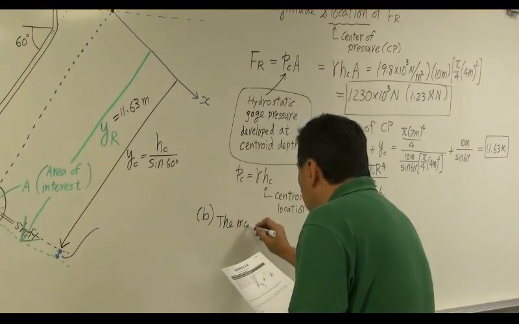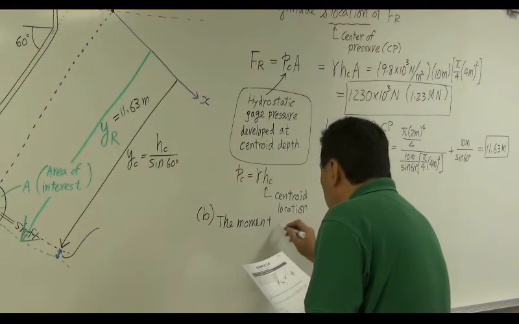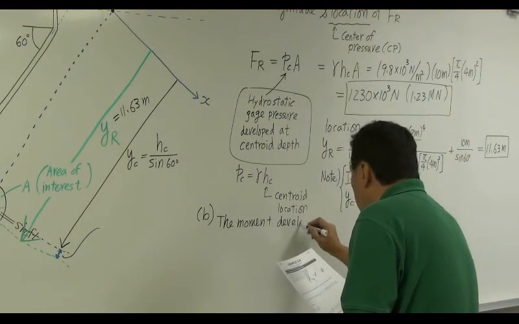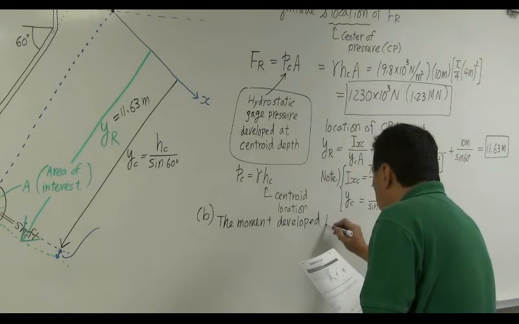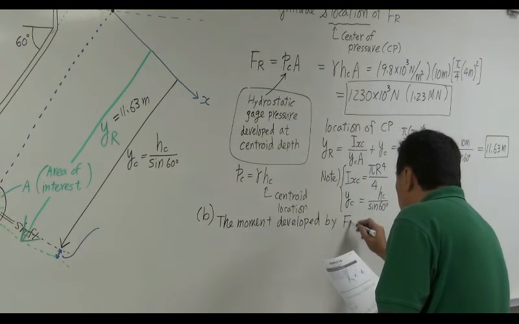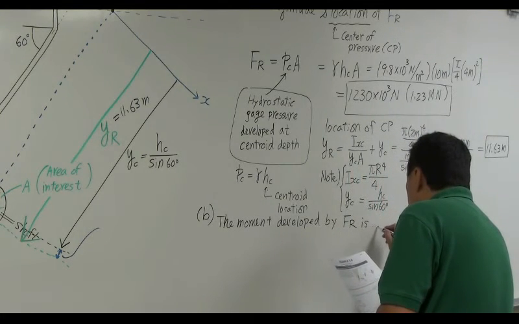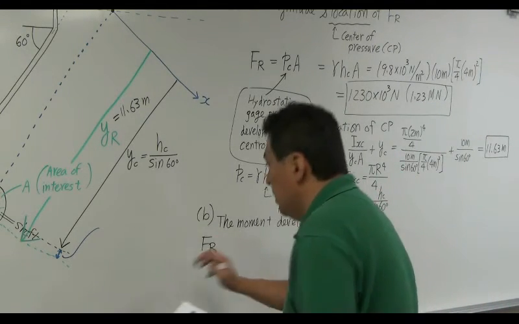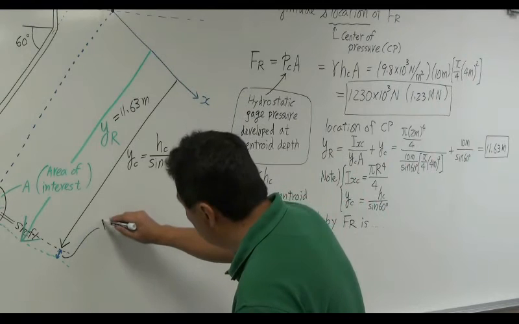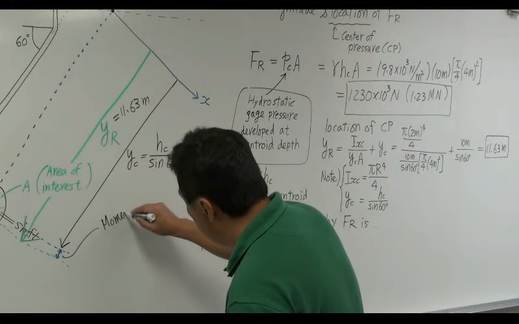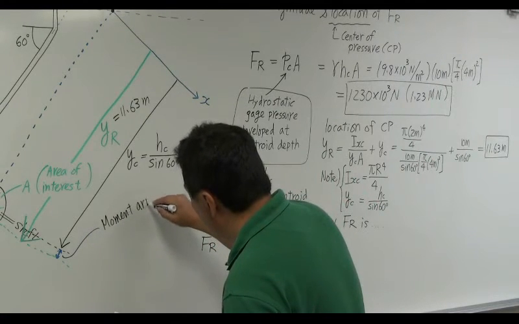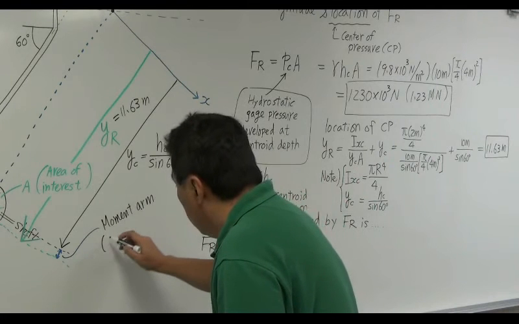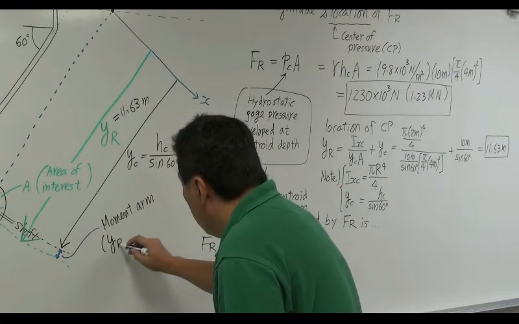The moment developed by F1 is obviously F1 times that distance, which is YR minus YC.